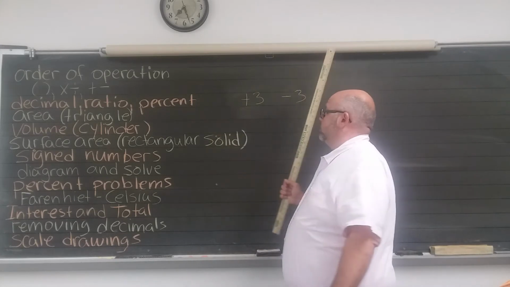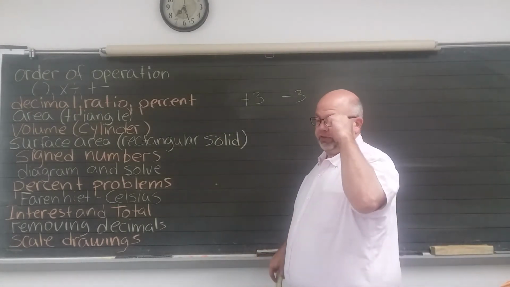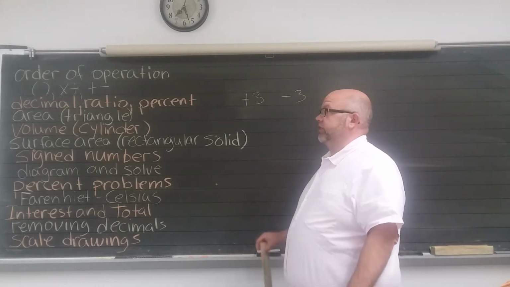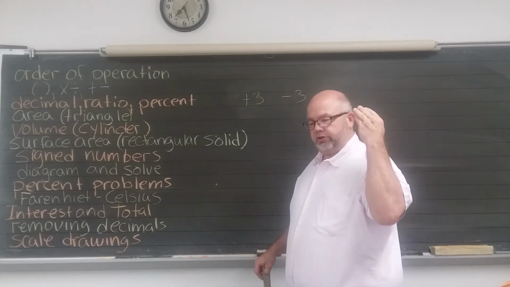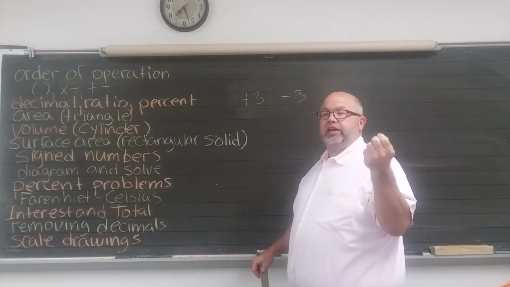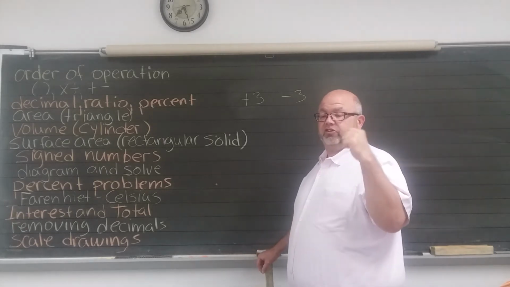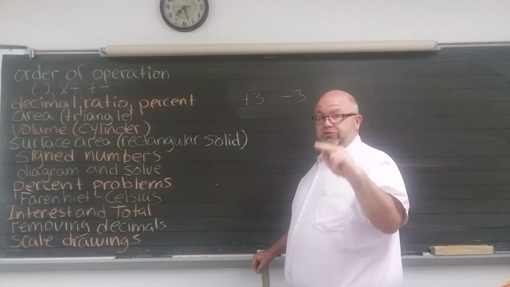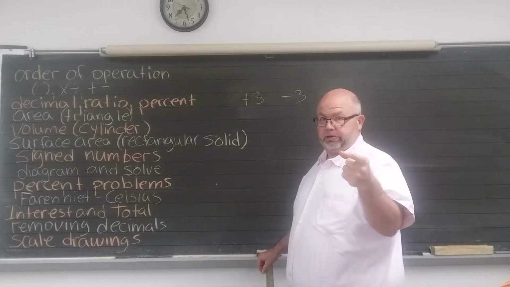In multiplication and division, you multiply and divide the numbers. If the signs are the same, if you have 2 negatives or 2 positives, the answer is positive. If the signs are different in multiplication and division, the answer is negative. Same signs, positive; different signs, negative, in multiplication and division.